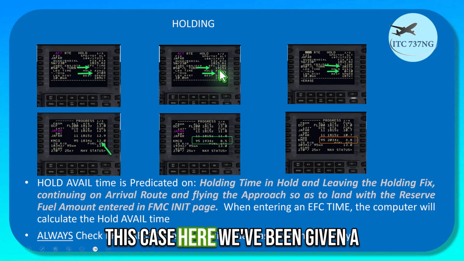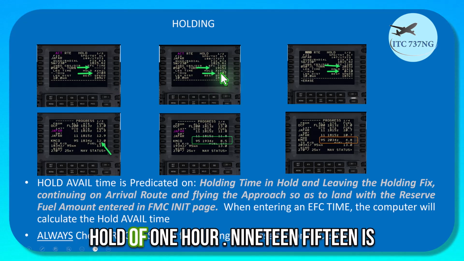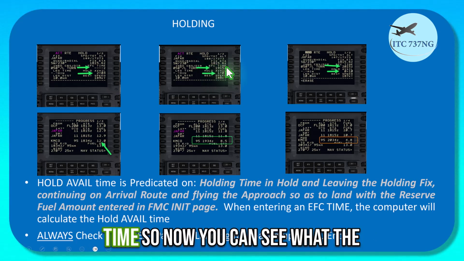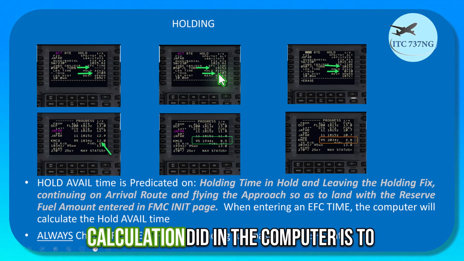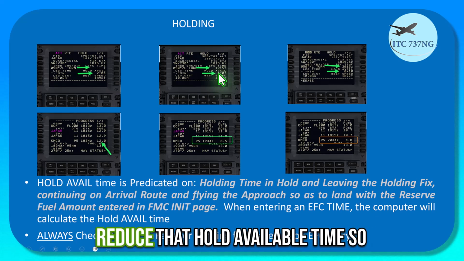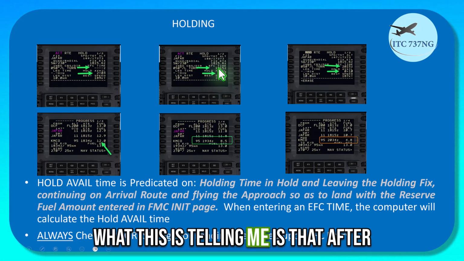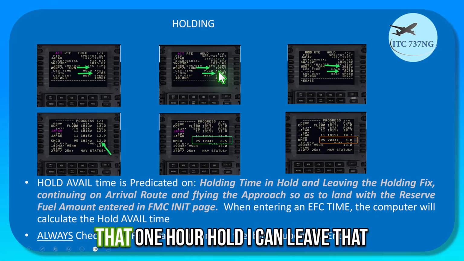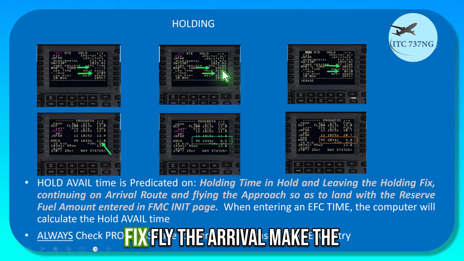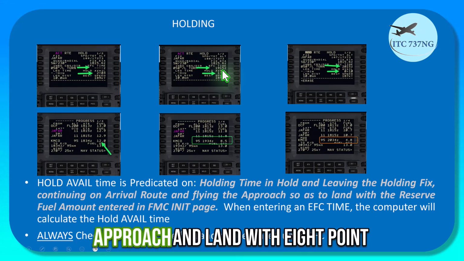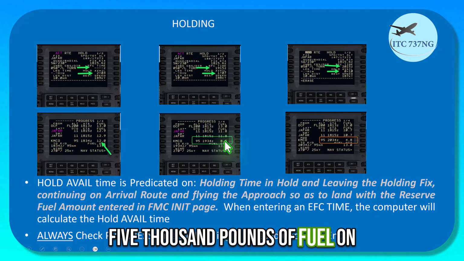Now, in this case here, we've been given a hold of 1 hour. 19:15 is our expected further clearance time. So now you can see what the calculation did in the computer is to reduce that hold available time. What this is telling me is that after that 1 hour hold, I can leave that fix, fly the arrival, make the approach, and land with 8.5 thousand pounds of fuel on board.